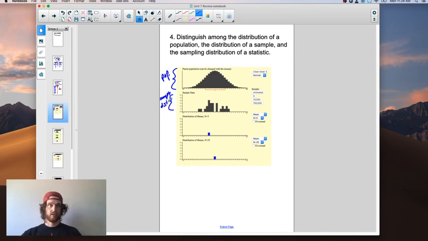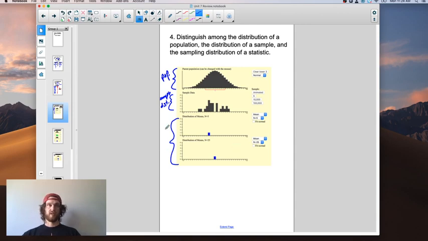distribution. In these two, this is our, if we do this over and over and over again, then we create the distribution of means. And this will get closer and closer and closer to the sampling distribution.